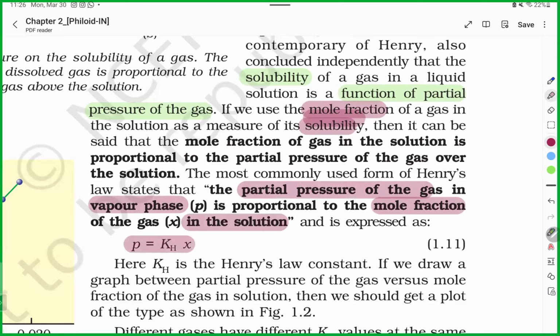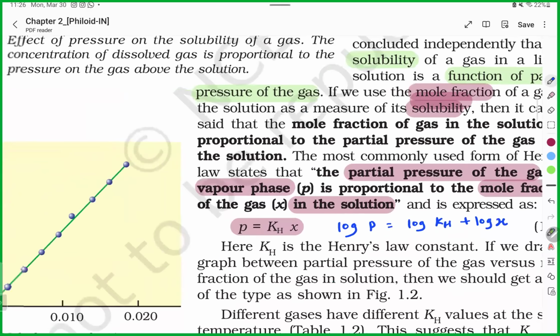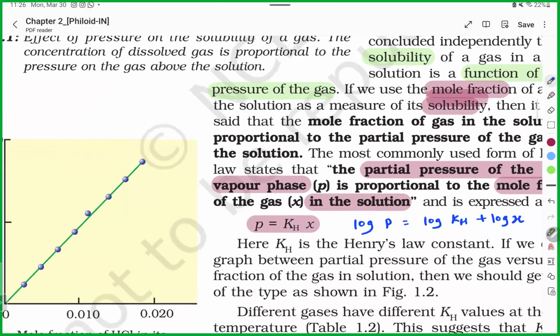And imagine we had this question, right? If you take log both sides, it will be log P is equal to log KH plus log X, right? Any doubt? No, sir. This was the graph, na? Yes, sir. Correct. This was the graph.